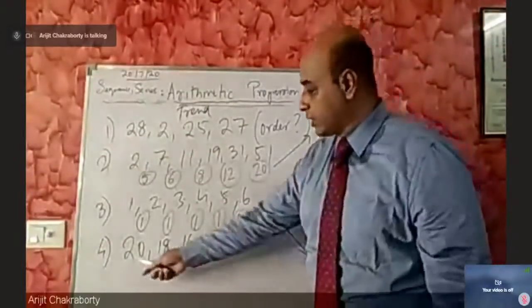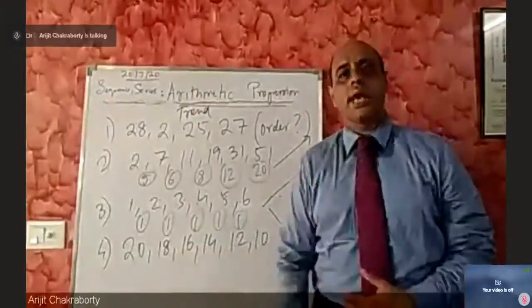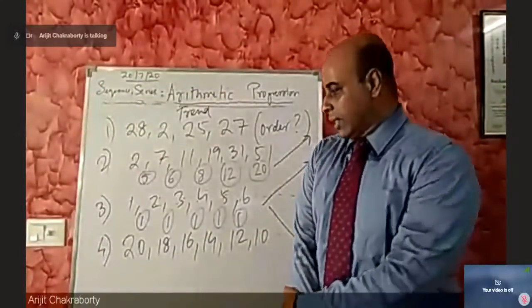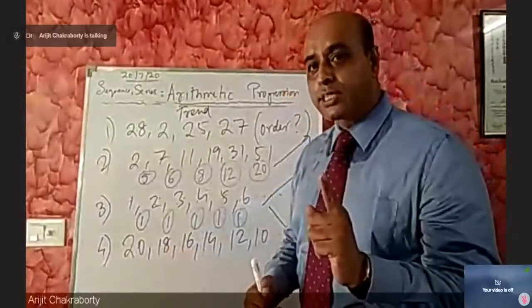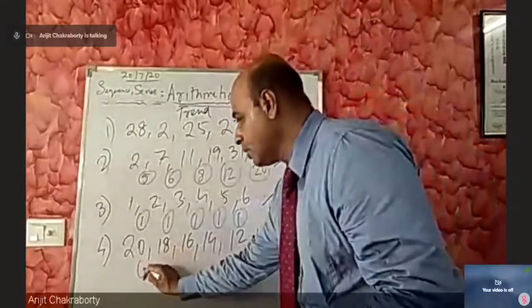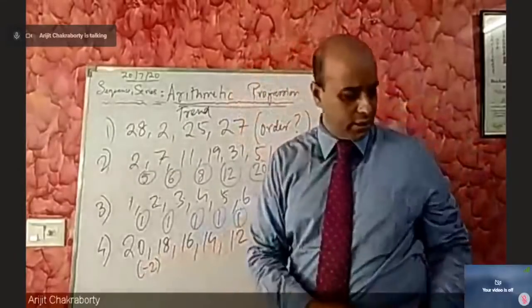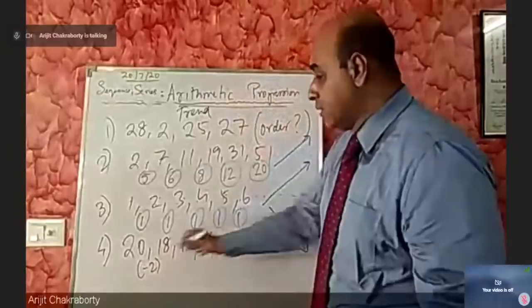Now let us see whether this sequence is an arithmetic sequence. So let us find the common difference. 20 minus 18. The difference is minus 2. It is decreasing. Okay. 18 minus 16.